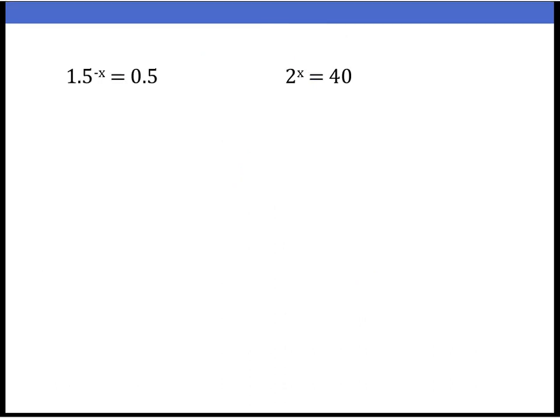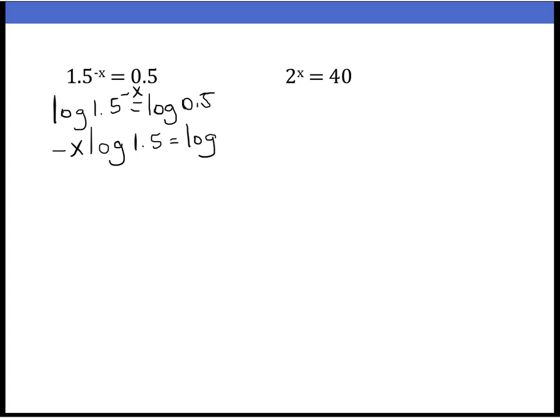Alright, 2 more examples of solving equations. We're going to do the same thing. We're going to log both sides. And that brings our negative x down. Now, if you're comfortable with skipping the step of writing the logarithm on each side with the power still there, since the goal is to get the power down, you can go ahead and move that negative x down right here without going through that step.